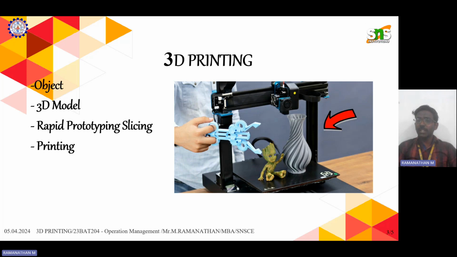If I am going to start my new idea or new product, I can prototype with this 3D printing, because I can't buy machinery worth 10 lakh or 20 lakh just to try a single product or two products. All machinery and new technologies cost is on the upper side.